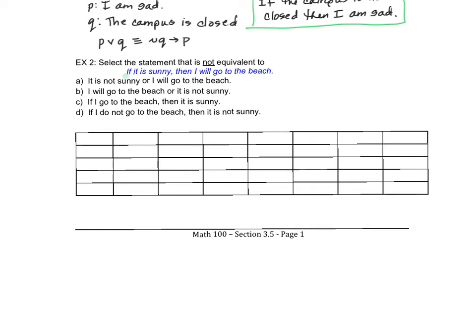Here I have an if-then. I'm going to let P be it is sunny. And then Q is going to be I will go to the beach.